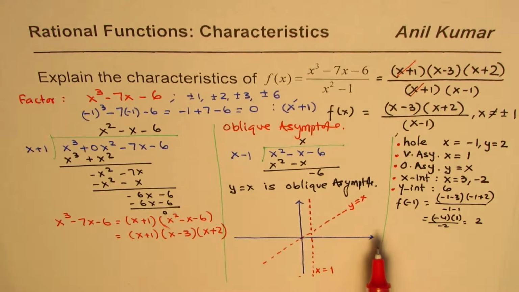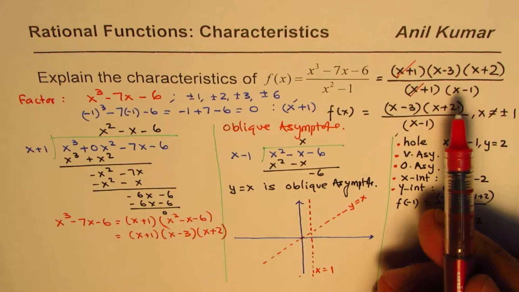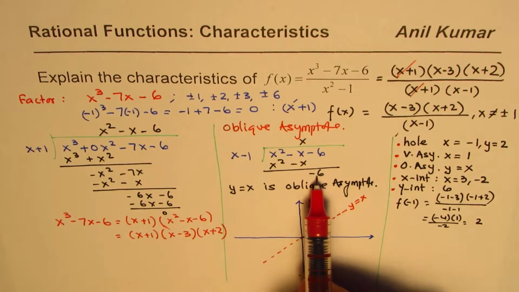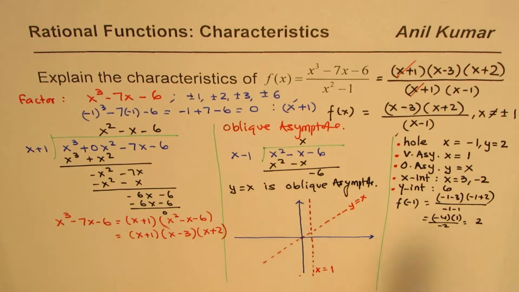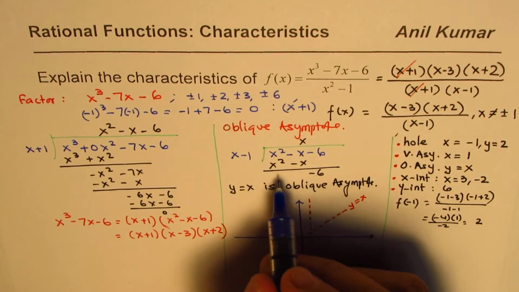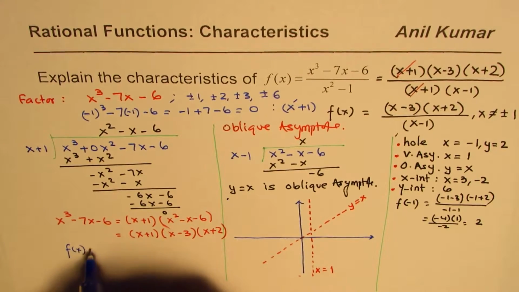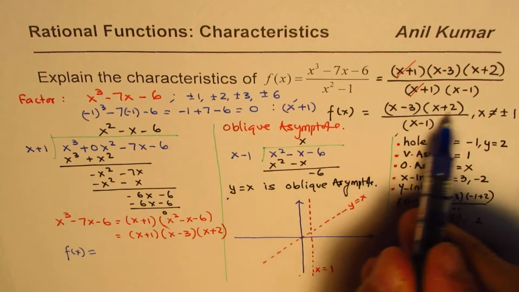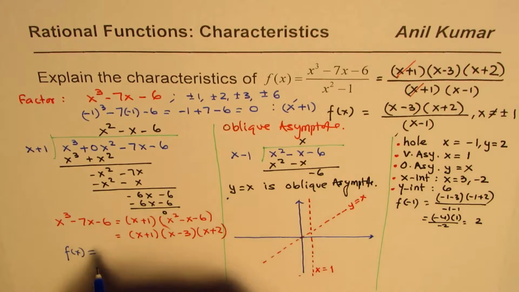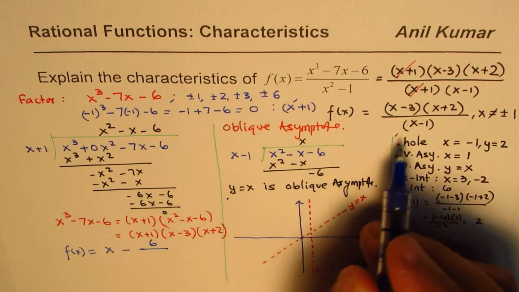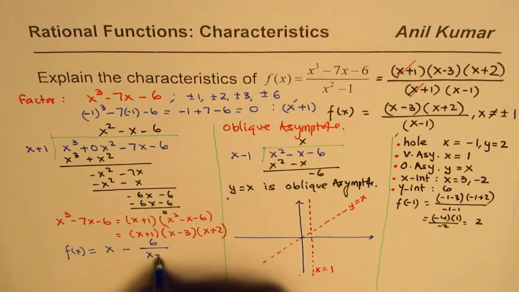Now, the equation could also be written in the form we saw when we found the oblique asymptote. We got minus 6 there. So let me write the function f of x as also equal to x minus 6 over x minus 1, if I divide the numerator by x minus 1.